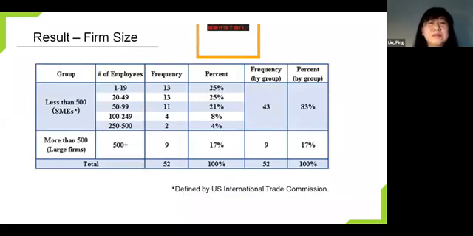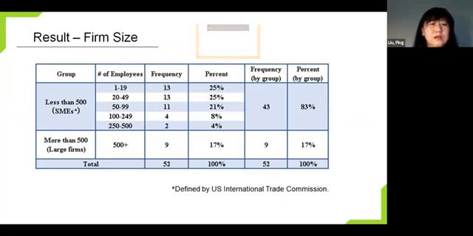And about the firm size, we categorized the companies into 2 groups: companies with less than 500 employees and more than 500 employees. Defined by the U.S. International Trade Commission, companies with less than 500 employees can be SMEs, that is, small and medium enterprises.